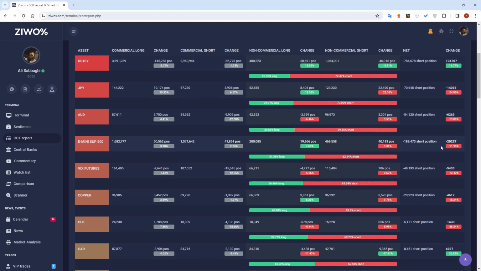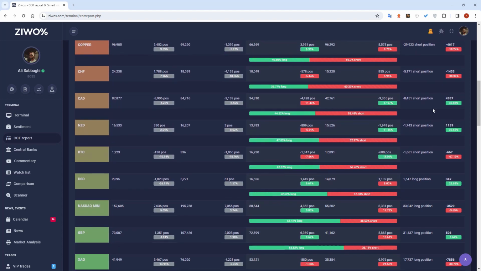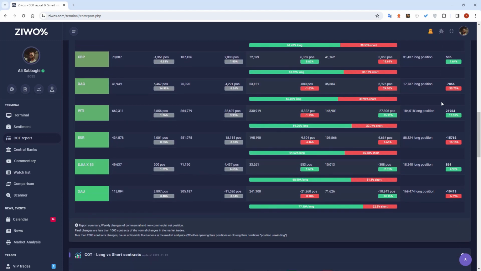On the other hand, the Canadian dollar has seen growth mostly because there have been fewer selling transactions rather than an increase in buyers. There haven't been significant changes in the figures of other assets except for oil, which has seen a decrease of 27,000 sale contracts.